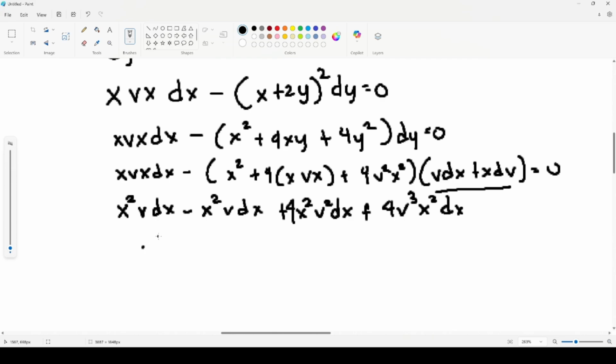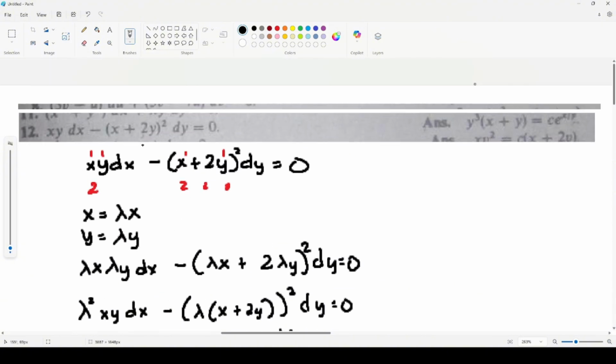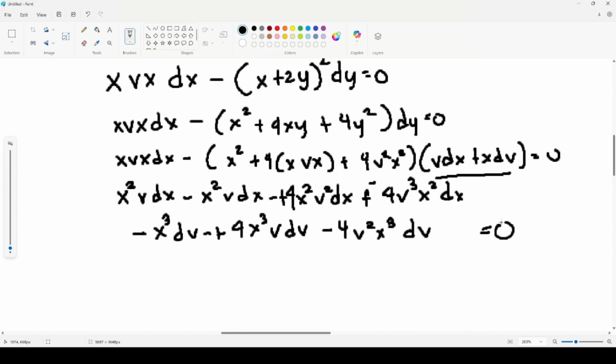Then for the dv terms: minus x cubed dv minus 4 x cubed v dv minus 4 v squared x cubed dv equals 0. There is a negative sign all throughout.